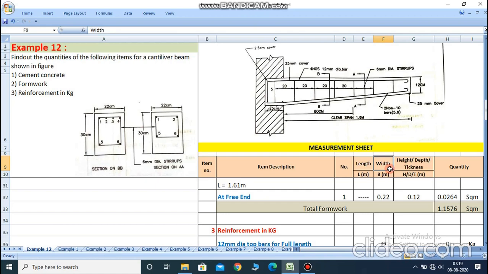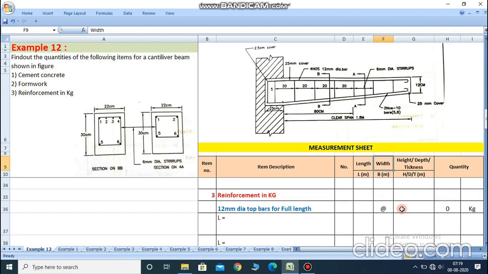Now summation of all the three side formwork, we got the answer 1.1576 meter square is the total formwork for the beam. Then after we find out the reinforcement in kg, third part, reinforcement in kg.